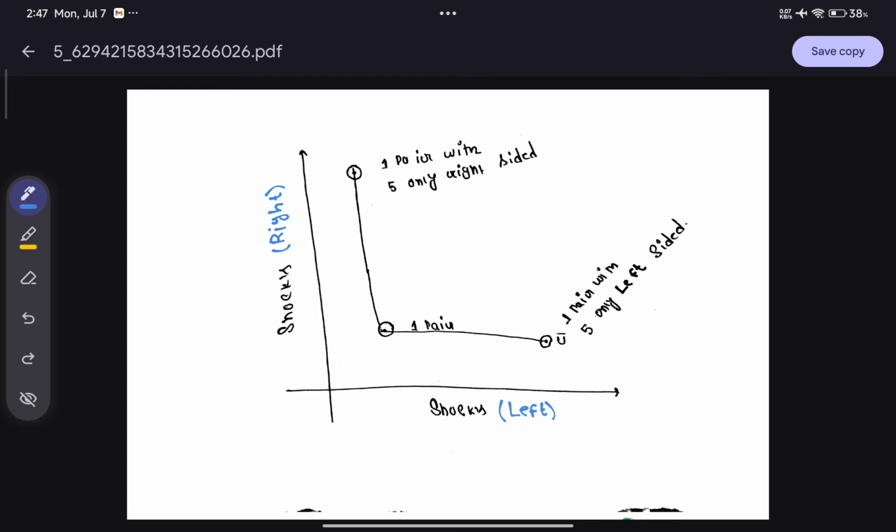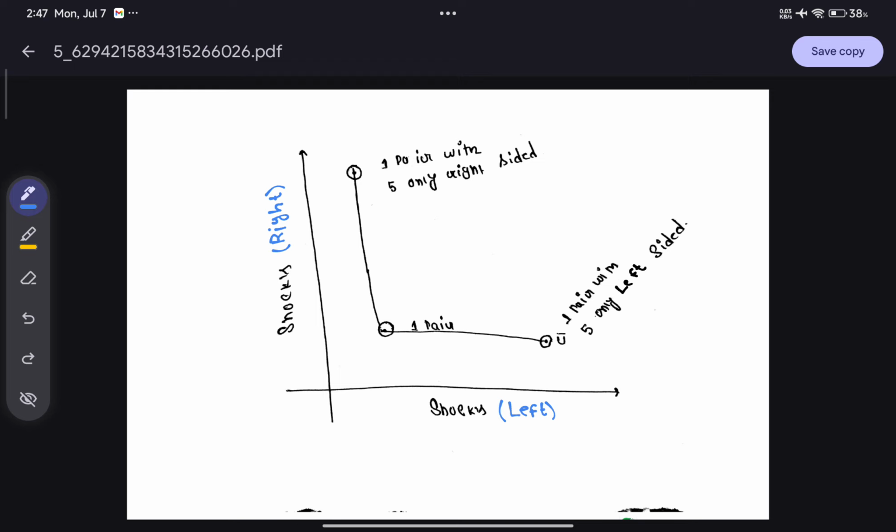Now first, what is a utility graph, or the indifference curve? The indifference curve is nothing but the locus of combinations of two goods. In simple terms, it is the combination of two goods that shows the same utility.